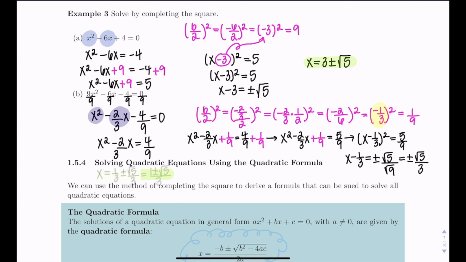And we want to add the 1/3 to both sides. And so our final answer is x is equal to 1/3 plus or minus the square root of 5 over 3. And we can actually combine this into a single fraction. And we get 1 plus or minus the square root of 5 all over 3.